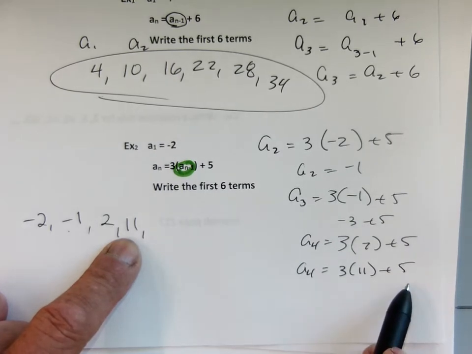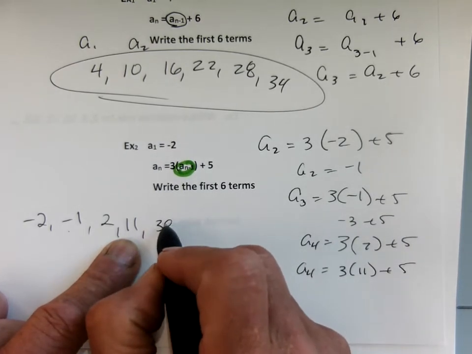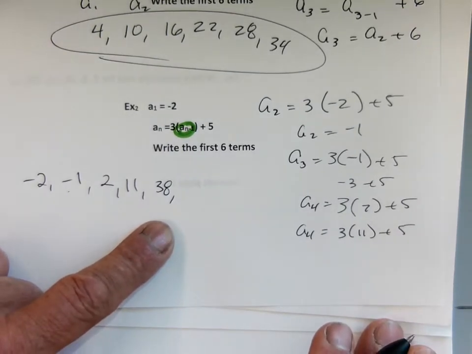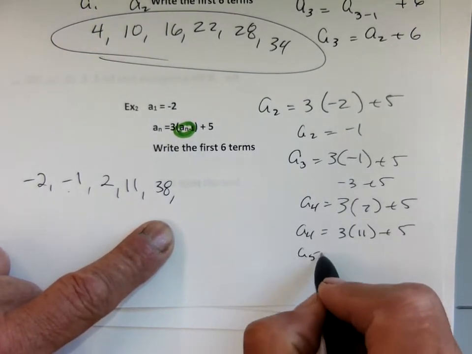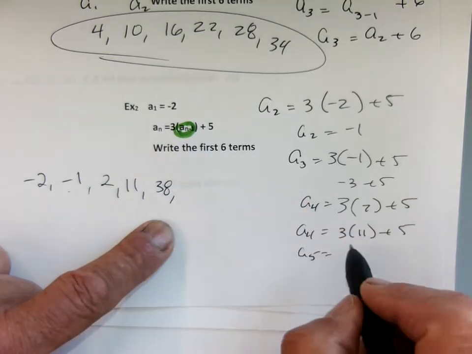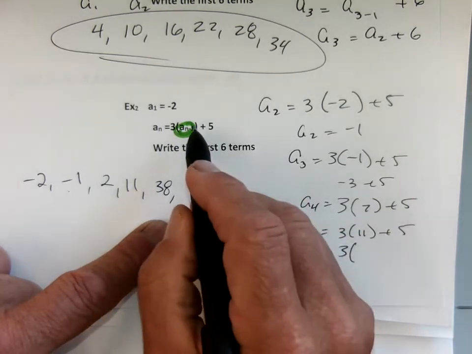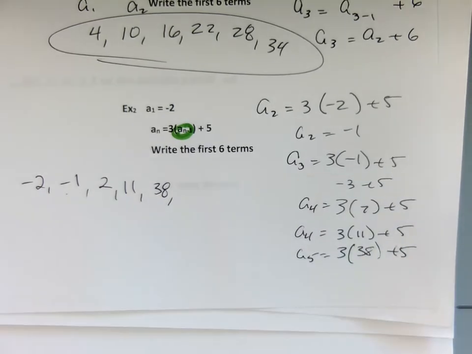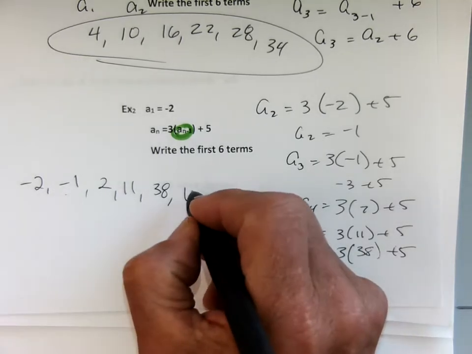33 plus 5 is 38, right? And then if I want to make the fifth term, I'll take 3 times my previous term, which is my 38, plus 5. Hold on, 119.